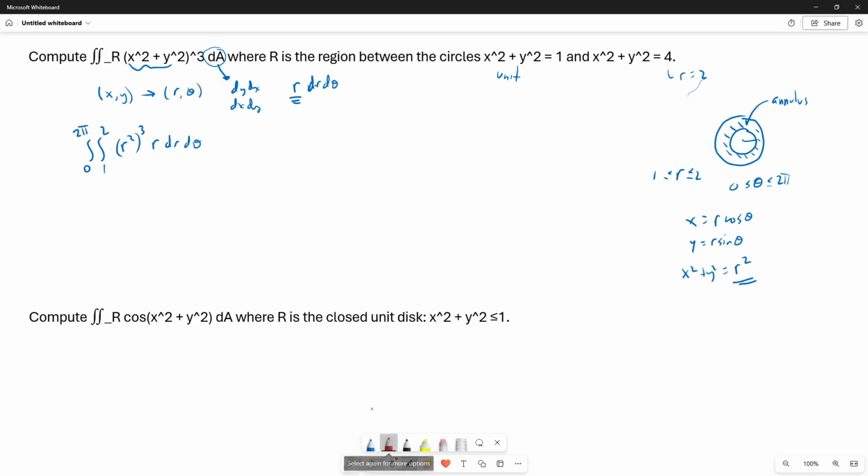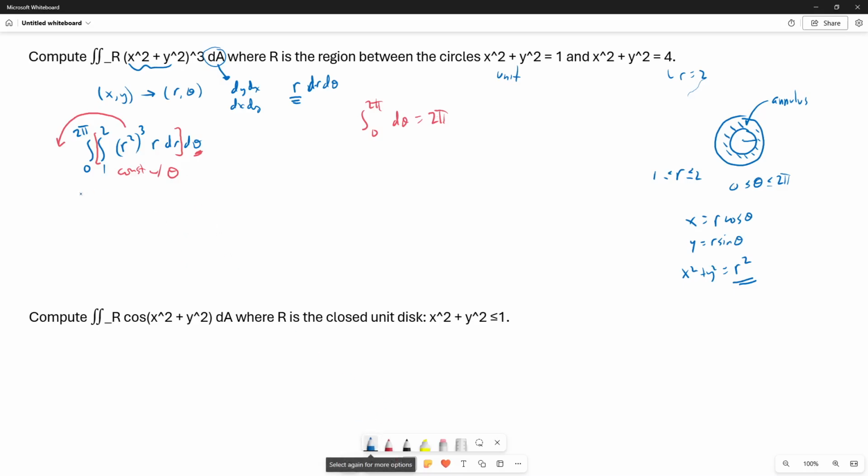Now the inner integral has no thetas in it, so that's basically a constant with respect to theta. And so that can be just moved out in front of the integral dθ, and the integral from 0 to 2π dθ is simply 2π.